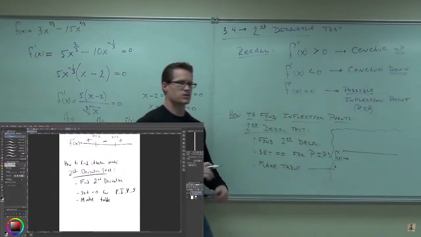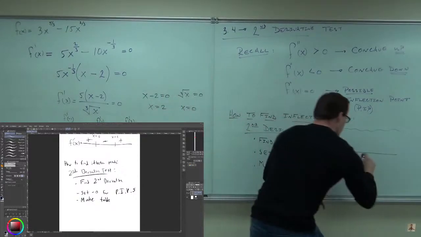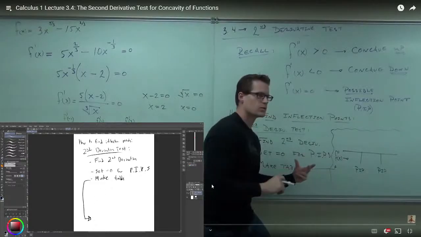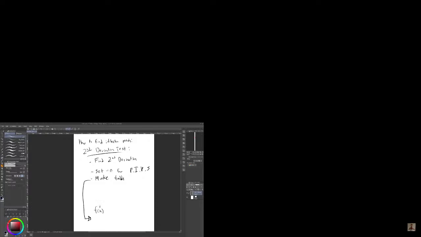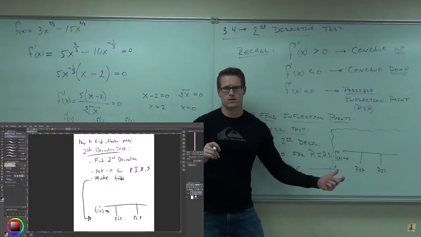The possible inflection points go on the bottom of your number line, on the bottom of your graph, basically. You put all of your possible inflection points, and then just like we did for our first derivative test, we're going to check a number in each interval, here and here and here. Where are we going to do that? In the original function, in the first derivative, or the second derivative?